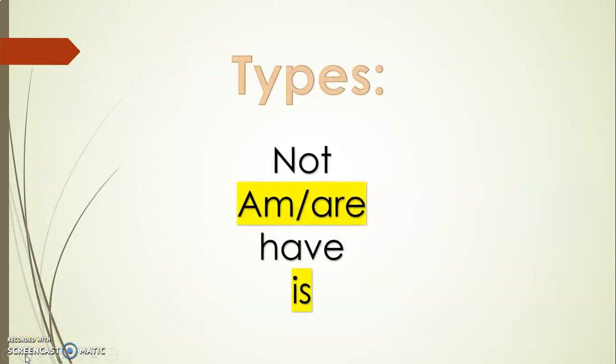Okay. So again, the contractions we're going to practice today are am, are, and is. So those are the words that'll come second and that we're going to shrink. So think one of these letters is kind of going to go away. All right. Okay, so I have I and am.